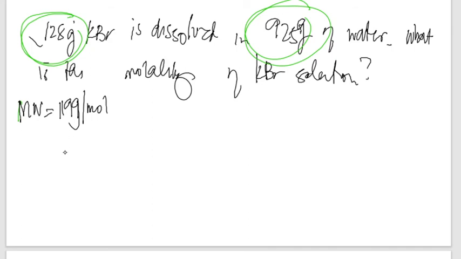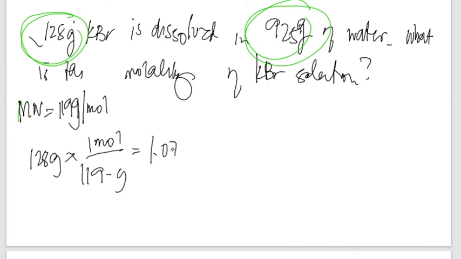Now, let's identify the moles of the solute. Okay? So, 128 grams times 1 mole over 119 grams. So, 128 grams divided by 119 is equals to 1.07 moles. So, meron ka na dito.